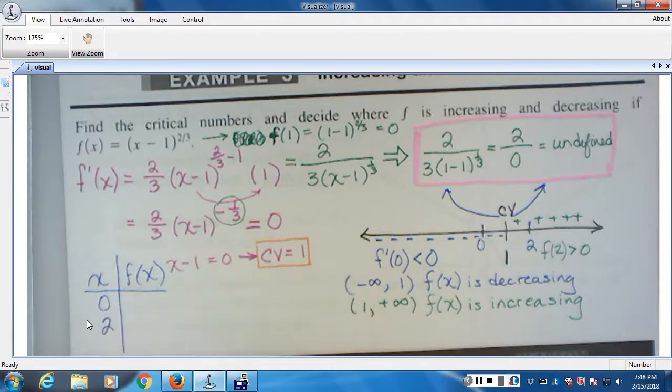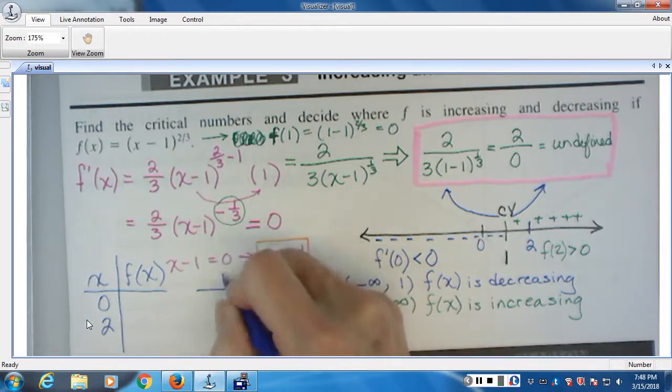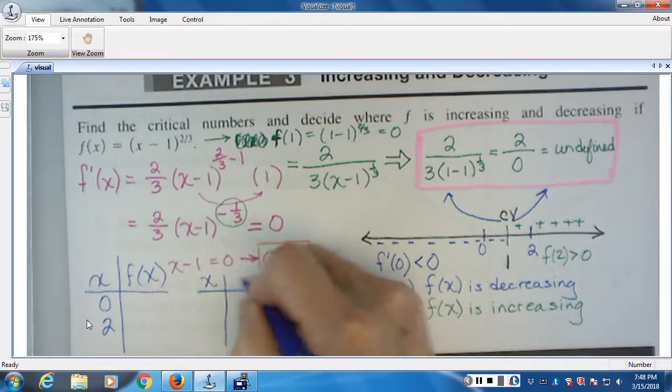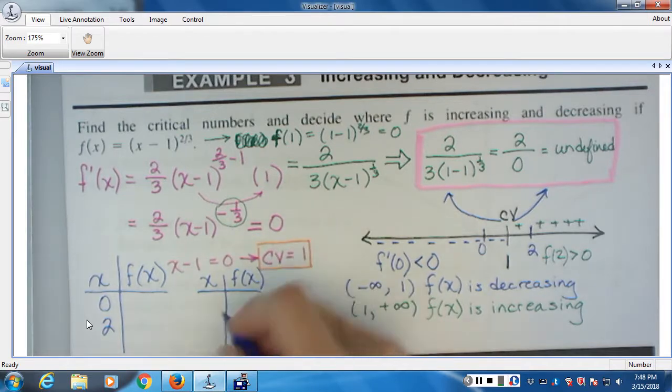At least for 0 and 2. And in fact, it might have been better if I had found it for maybe a couple more numbers, just to be sure. Like maybe -1 and 3.